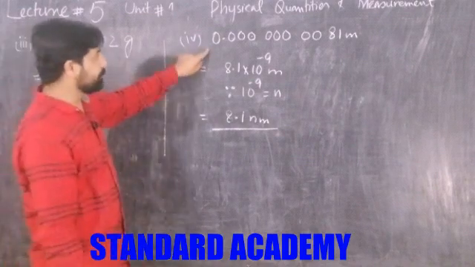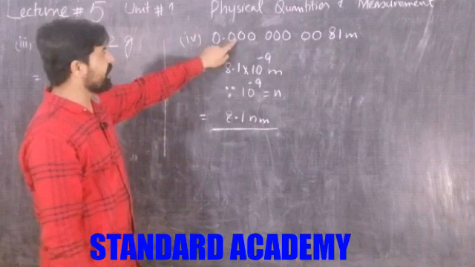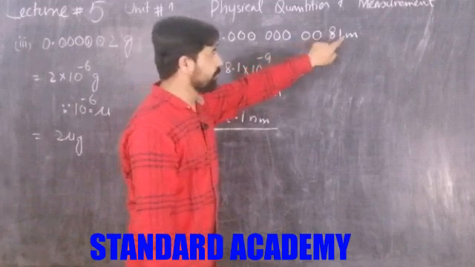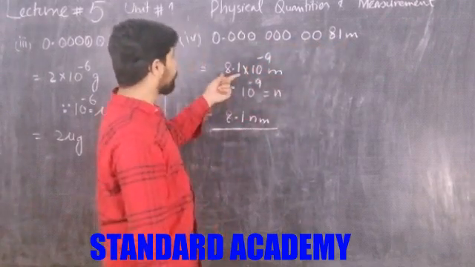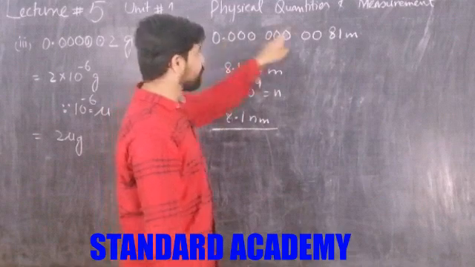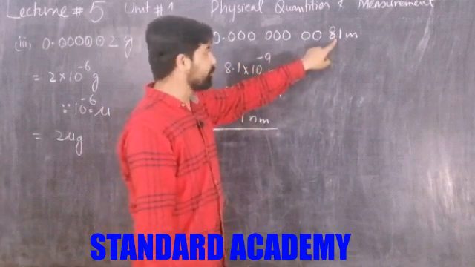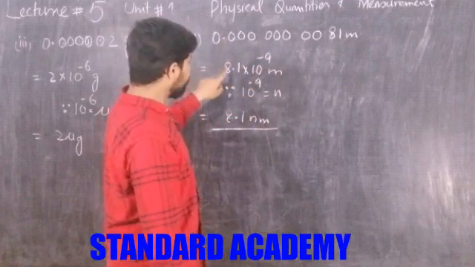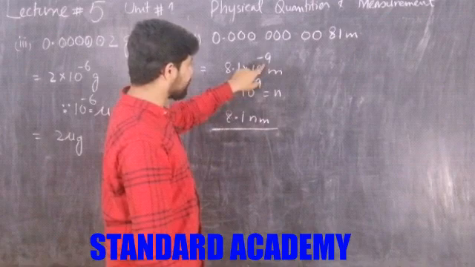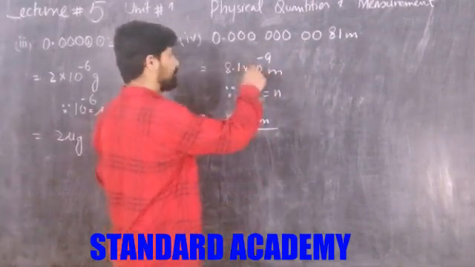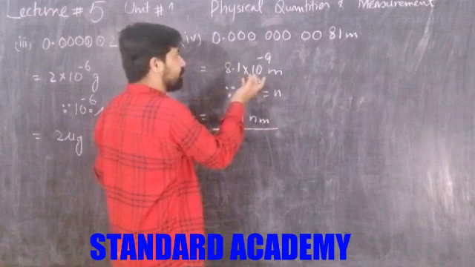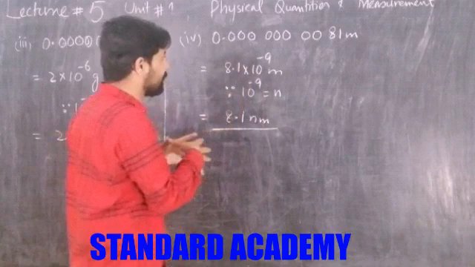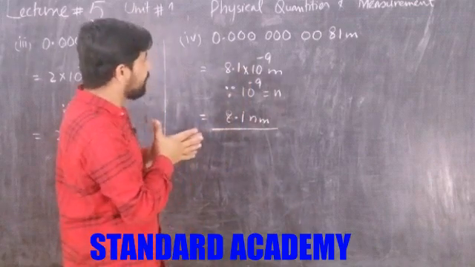And now the other example which we have is 0.000000081 meter. If I shift this point to here, after the first nonzero digit, then it becomes 8.1 into 10 to the power minus 9. How does this 10 to the power 9 come? As we are shifting the point from left to right, we have to count the number of places from the point up to 8.